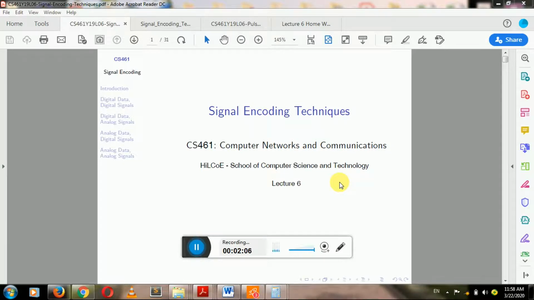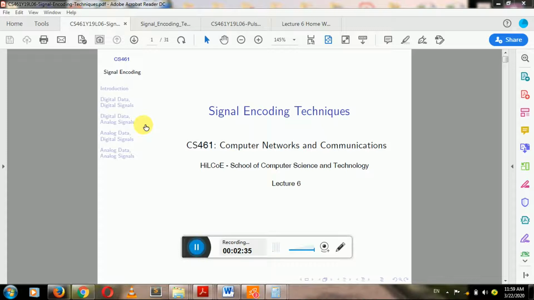So we have 4 groups, as you see in this one. The data is divided into 2, digital data and analog data, and we have digital signals as well as analog signals. When we say digital data, it is anything made up of zeros and ones, for example text files and images that are encoded in binary.